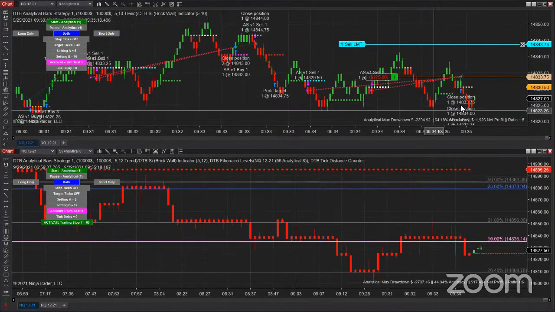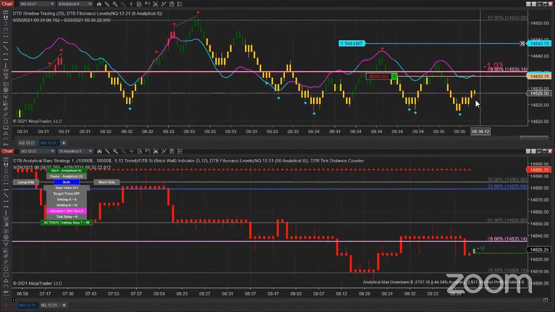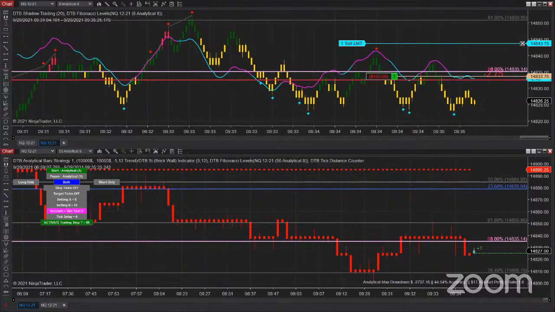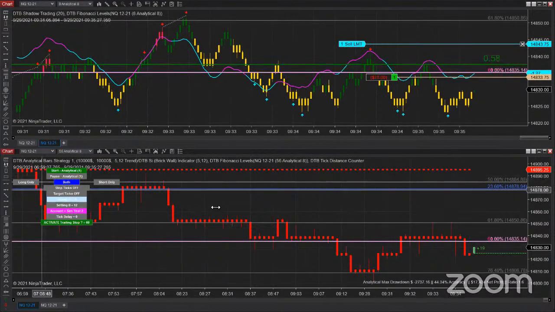So a little bit of indecision at the moment with regards to the price. Yeah, the strategy is just doing its thing at the moment.